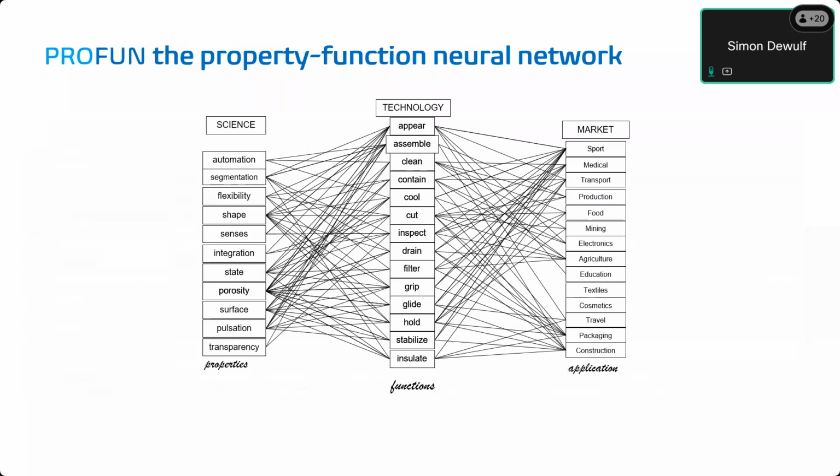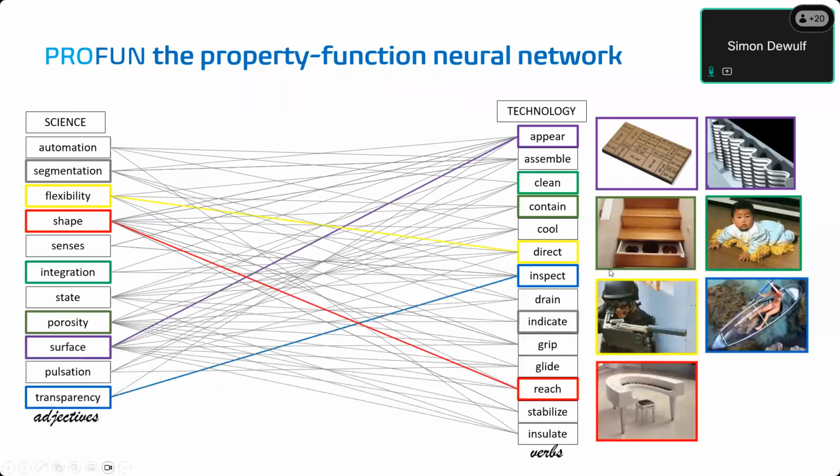So you have a neural network. And then, of course, you have your node from your product in and your product out, where you can then actually see 5 lines of 5 nodes where you think about properties and functions. So if I go here to what are all the property function examples, every product that you see, just like we did in the beginning, will have a certain change they made, like they made a hollow staircase here, and they can then contain stuff.